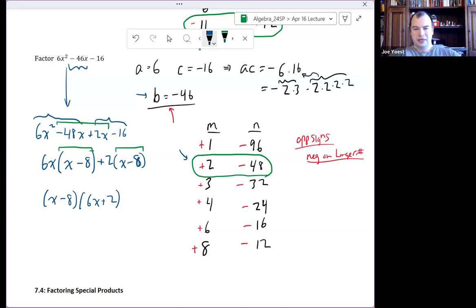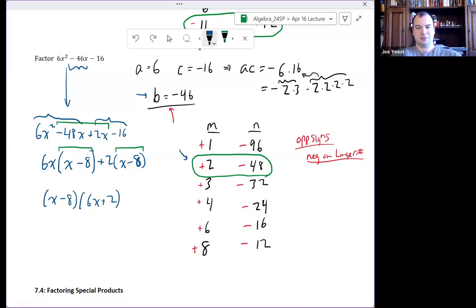So something I might realize here is, if I look at x minus 8, that's just what it is. There's nothing much more I could do with that. But if I look at 6x plus 2, I notice that it has a common factor of 2 in both of those terms.